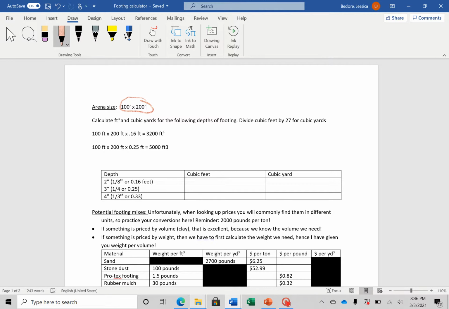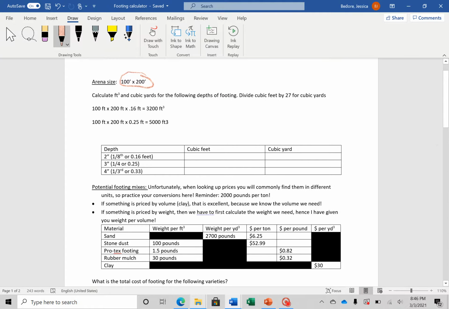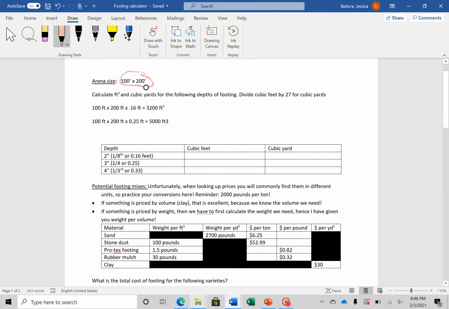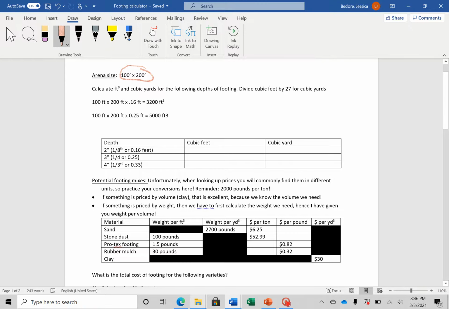So to start with, we need to calculate the volume of footing that you would need. Here I've got depths of 2 inches, 3 inches, and 4 inches, and I'm having you calculate a few of them so that you have a chart to work with later on.